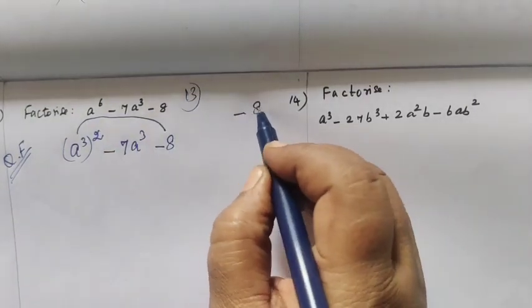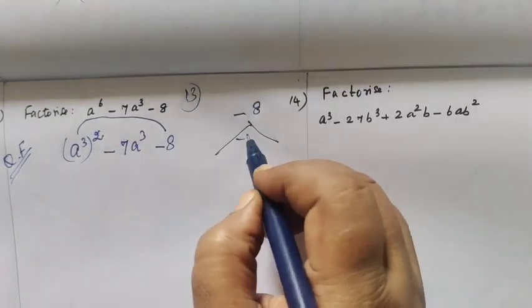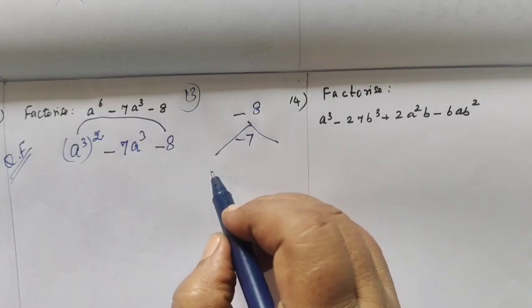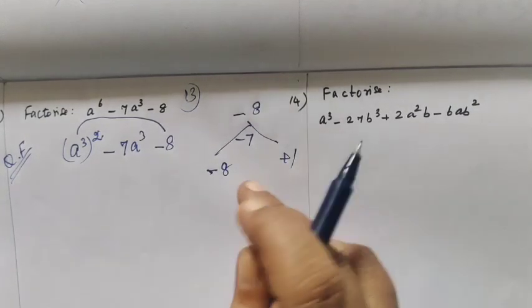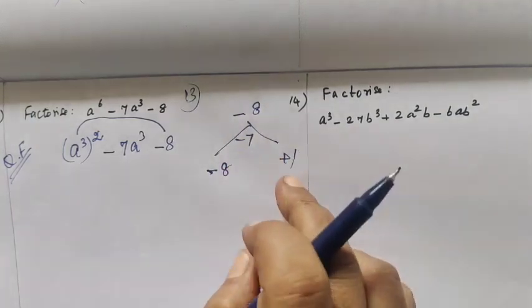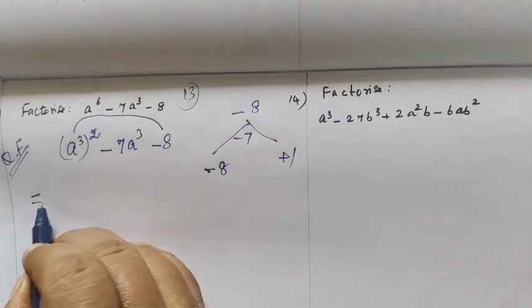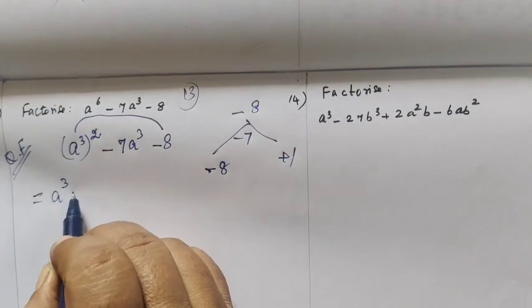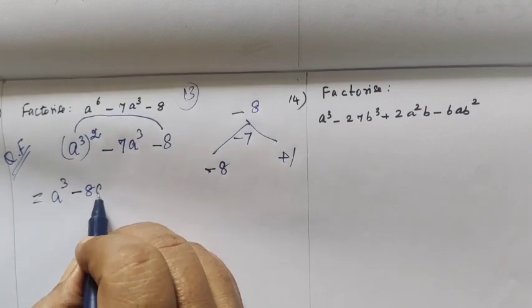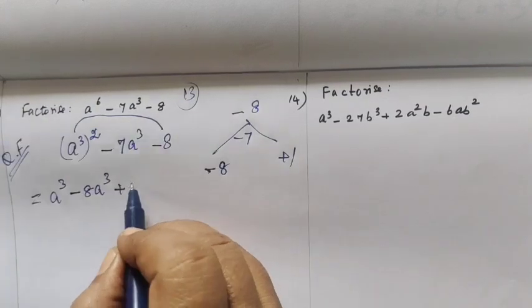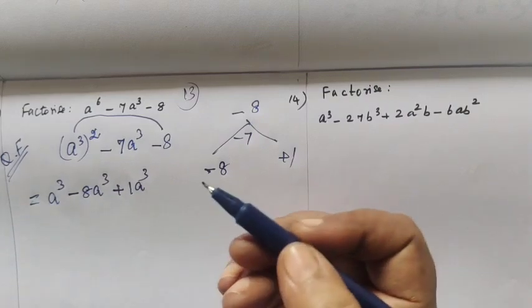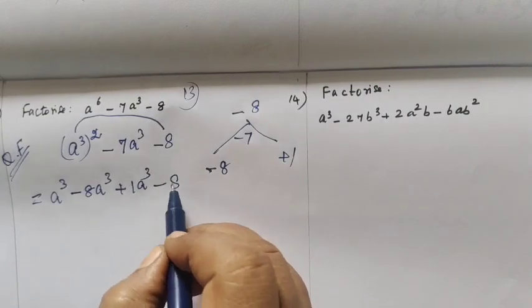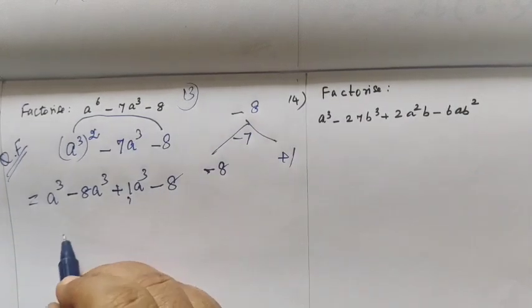Multiply to get minus 8 and add to get minus 7. So minus 8 plus 1. So it equals a cube minus 8a cube plus 1a cube. You can write 1 and 8 in either position, anyway.